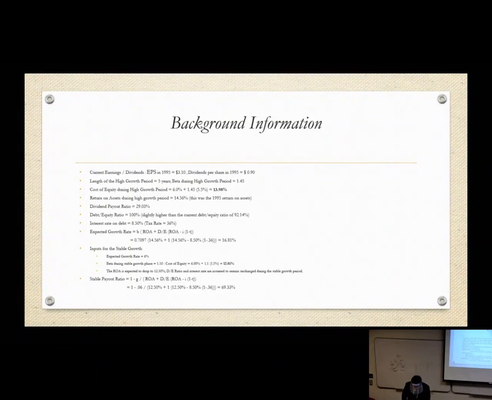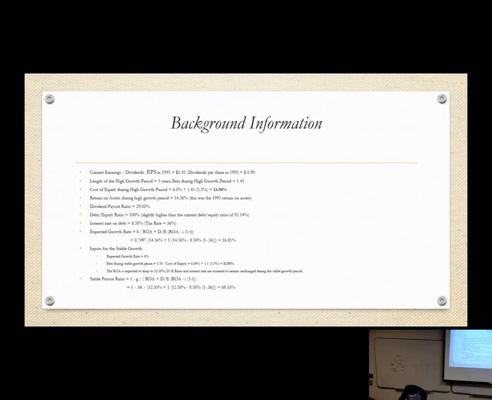Conservative, reasonable. And then you estimate the cost of equity: beta 1.45, equity risk premium 5.5%, very neutral, right? Not very high, not very low. 5.5% is kind of neutral. With a 6% risk-free rate, that gives you about 14% cost of equity.